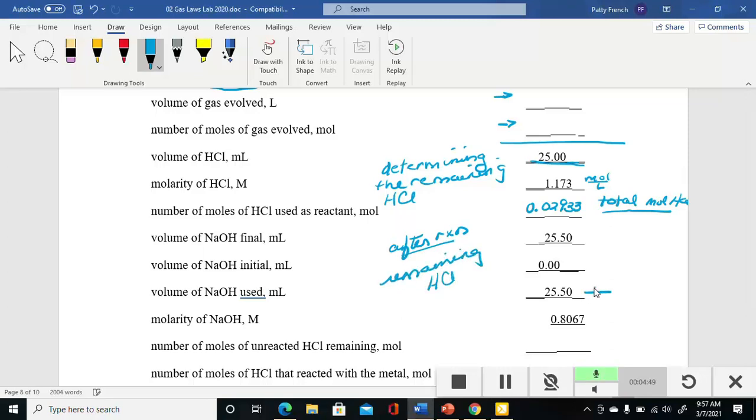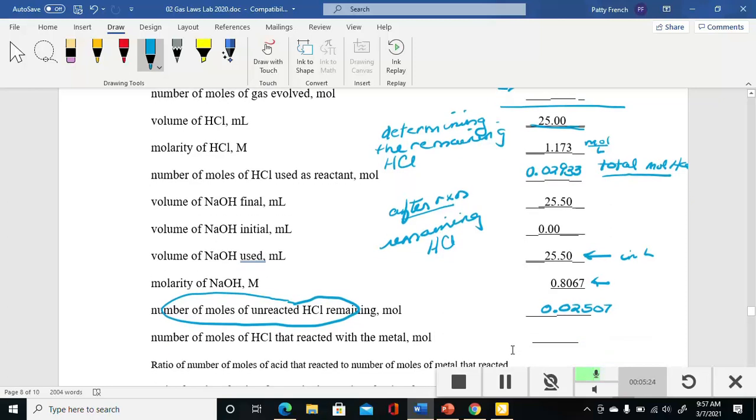So combining that volume in liters with the molarity we had for NaOH, we can find the moles of unreacted HCl that were remaining in the flask. So, molarity, again, that's moles per liter times the volume of the titrant in liters, and we got 0.02507 moles of remaining HCl.